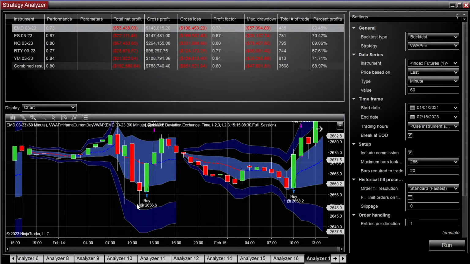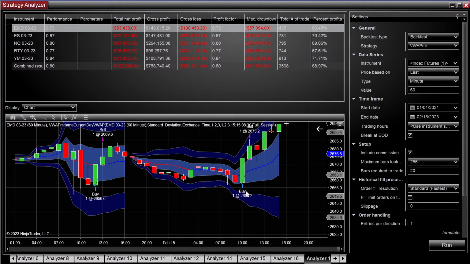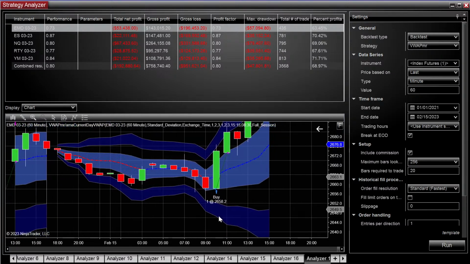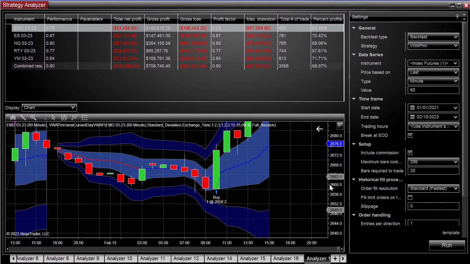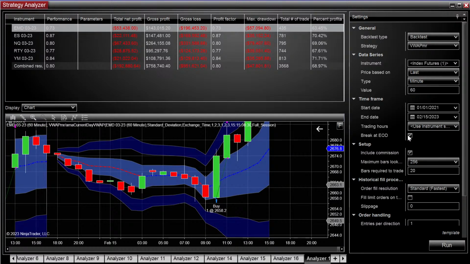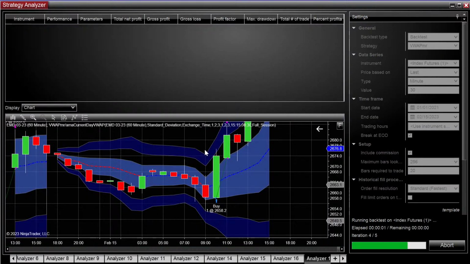We got the lower hammer, we entered long on the next bar, and then we exited at the VWAP. Yeah, I'm going to say probably lower time frames for sure. Looks like there might be an issue with the exit condition, but we'll go back to it once we get on some lower time frames to make sure.